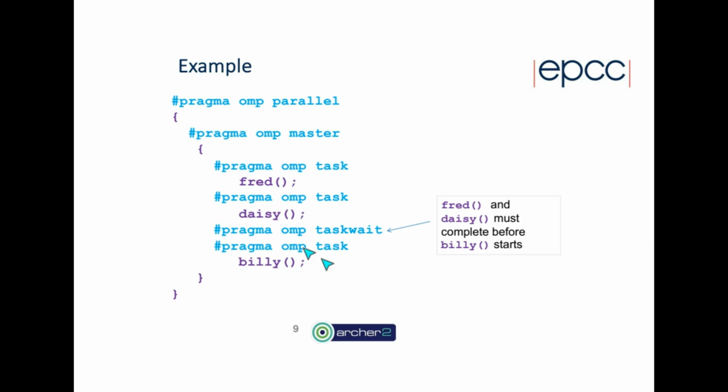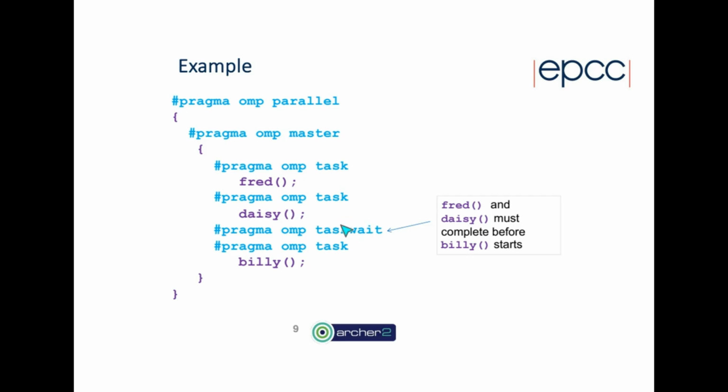So here's a very simple example of taskwait. So suppose I have the same pattern again, parallel region, a master construct, which is going to generate the tasks. So what happens here is that the master thread will generate the task for Fred, it will generate the task for Daisy, and then it encounters a taskwait.